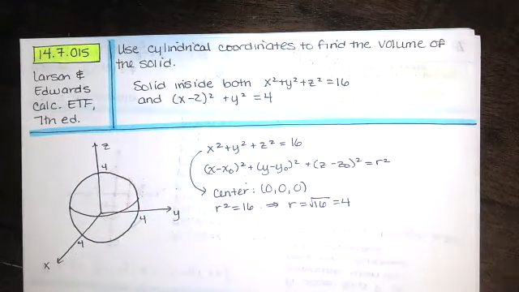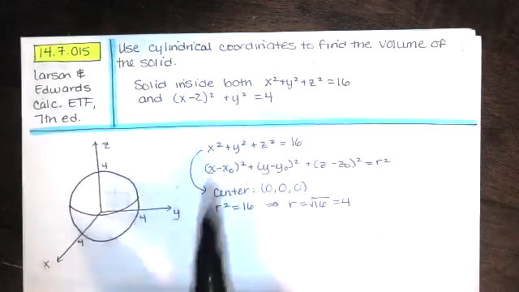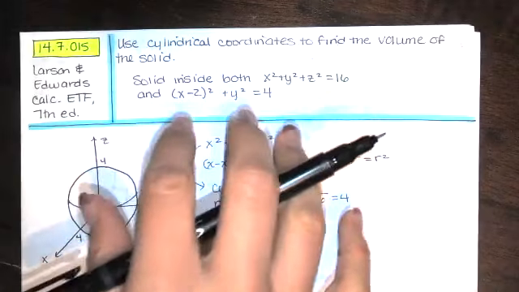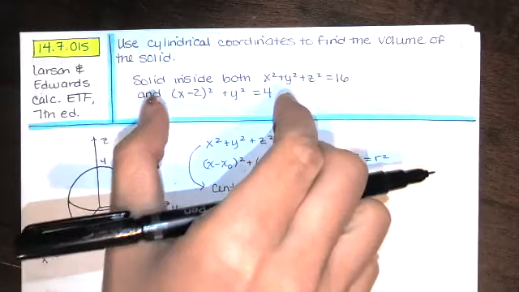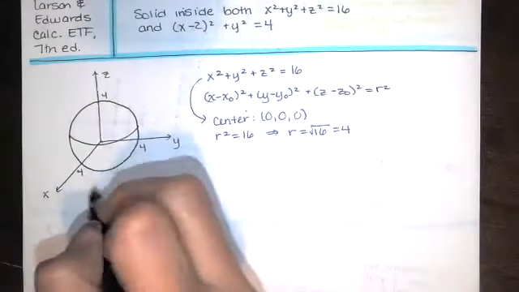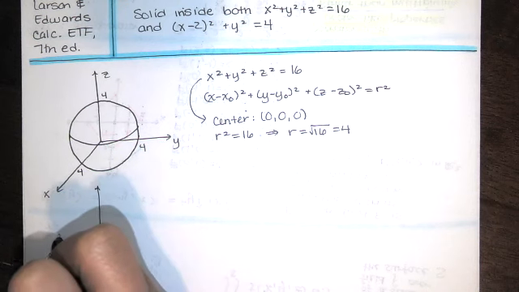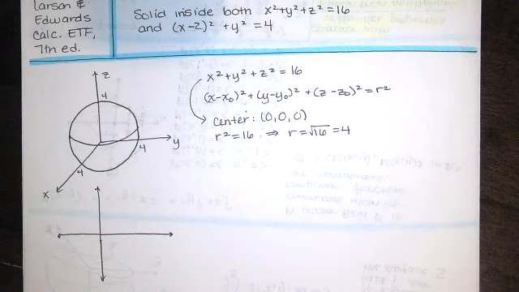Now I can tell that it's a cylinder because there's no z in that equation. When I see that equation, I think of a circle in the XY plane. So I think what I'll do is sketch the circle in the XY plane where that cylinder intersects the XY plane, or z equals 0. And then we'll think about what that would look like if z were free to be anything.